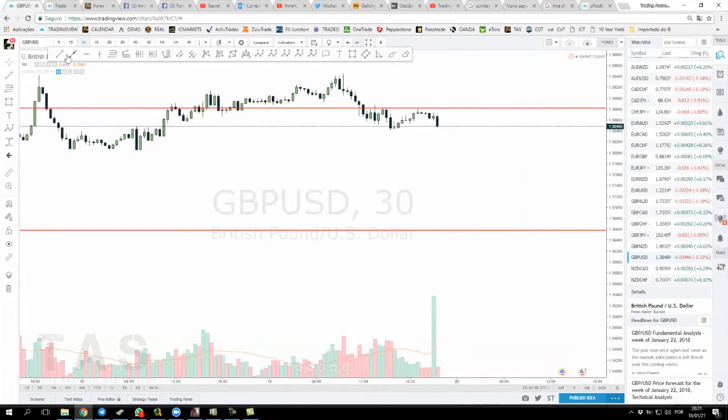I wouldn't be surprised if market would gap down to here, because there was a lot of selling volume. Even though it's an up candle, it's a selling volume because the result of this action here was price coming down. So it's selling volume.